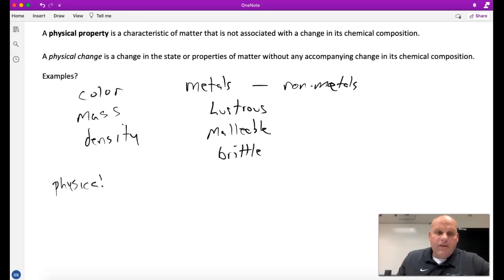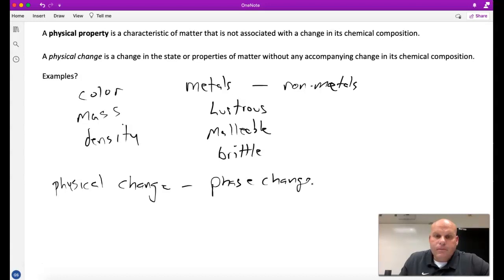A physical change would be an example of a phase change. So when you change a solid to a liquid to a gas, you are not changing the substance, you're just changing the phase or state of that substance.